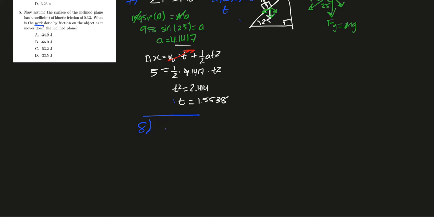In this case, the work done is equal to the force times the distance, and this is the force of kinetic friction. Let's first solve for the force of kinetic friction, which is equal to the normal force times the coefficient of kinetic friction.